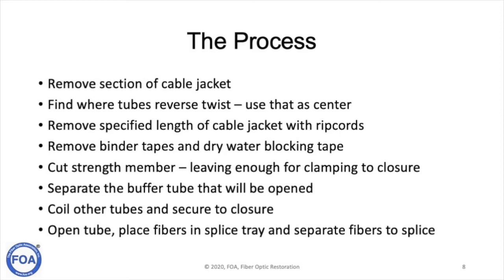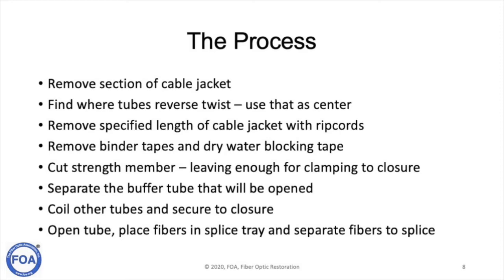You're going to remove a specified length of the cable jacket with the rip cords and remove all the extraneous material in the cable, like binder tapes and water blocking tape. You'll cut the central strength member, leaving enough just for clamping to the closure.